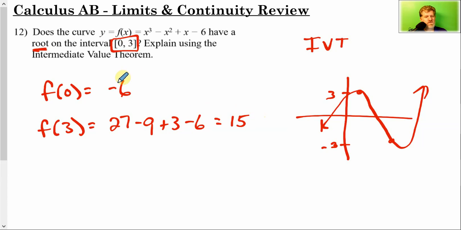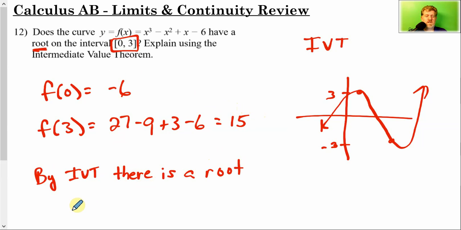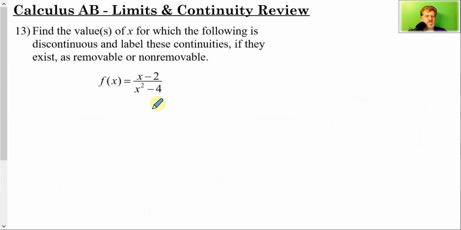So to go from negative 6 to 15, guess what? It has to pass 0. And this is all you have to show. Then you can say that by the intermediate value theorem, there is a root, and a root is where x equals 0, on the interval 0 to 3. Okay. That's the IVT, intermediate value theorem.